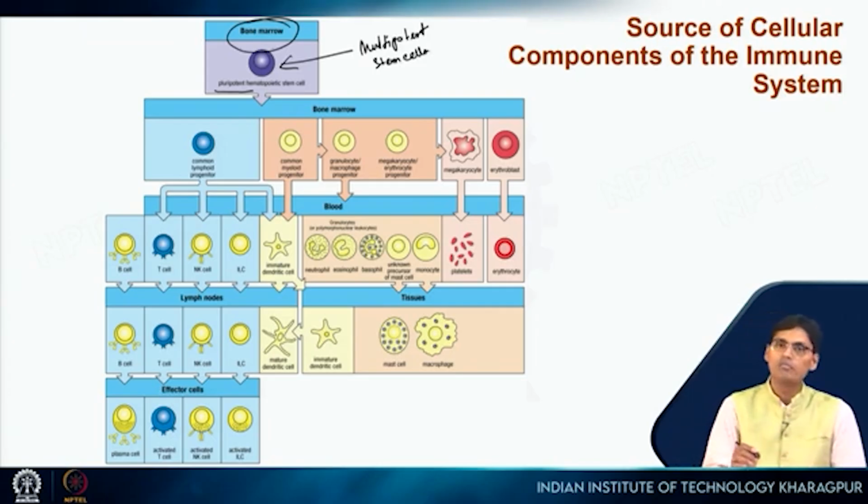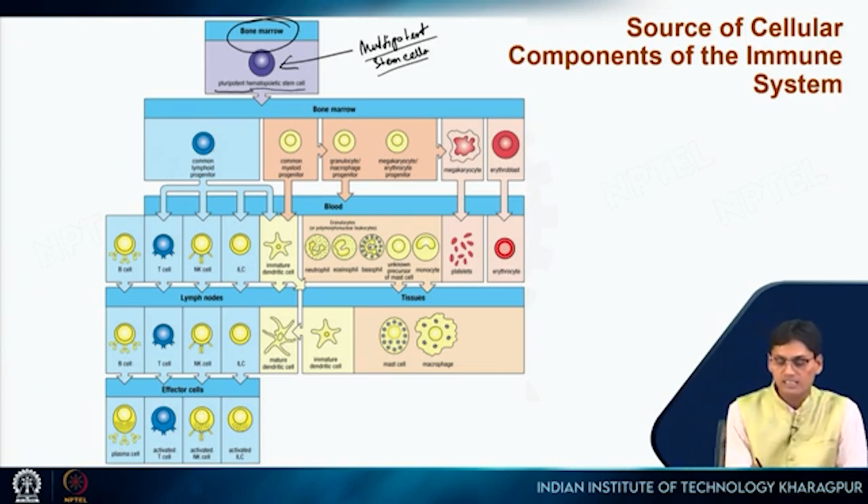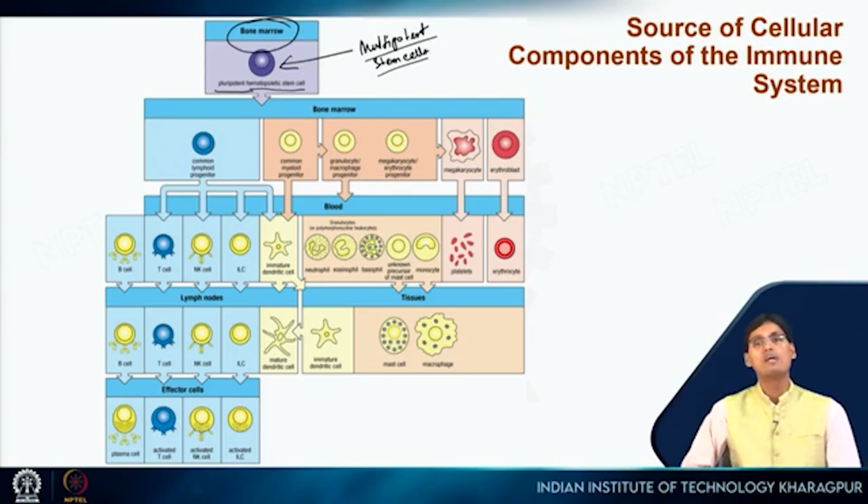So, here it will be better to say multipotent stem cells, because these bone marrow cells will give rise only to different types of immune cells, blood cells particularly, I would say different types of blood cells. And this is called hematopoietic stem cells, and they are multipotent in nature.